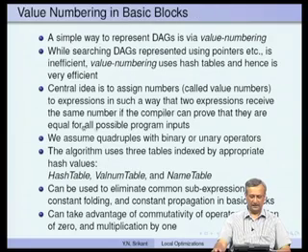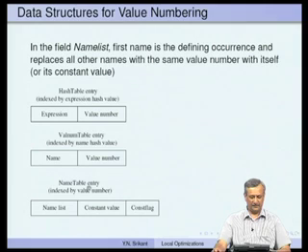The third one is called a name table. The entries are shown here. There is a name list, there is a constant value and there is a constant flag. The names are given value numbers, and the value number is used to index into this table called the name table.